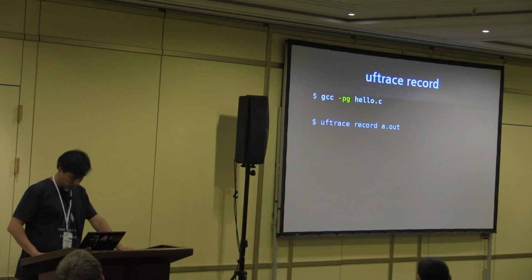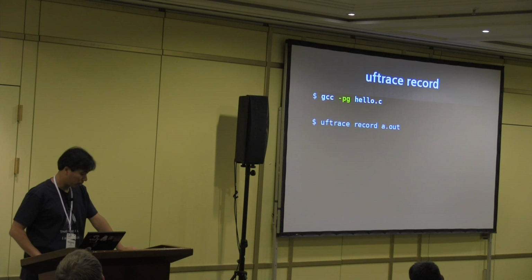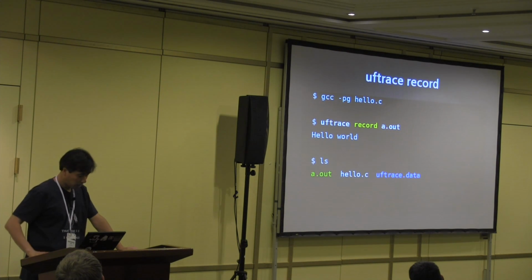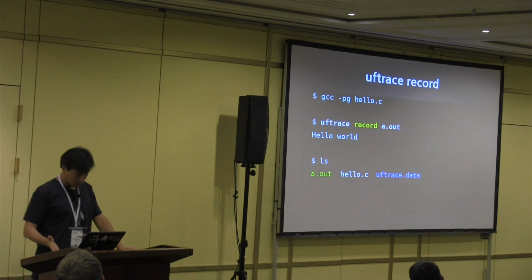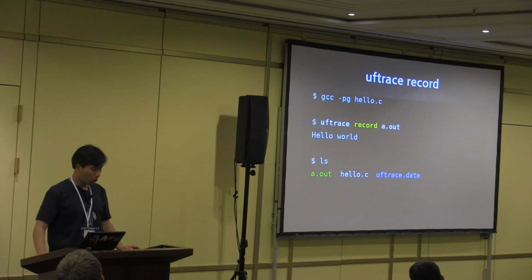And then you can run it with the uftrace record command. As you can see, it just runs, prints hello world, and then exits. And uftrace creates the uftrace.data directory to contain all the trace information.